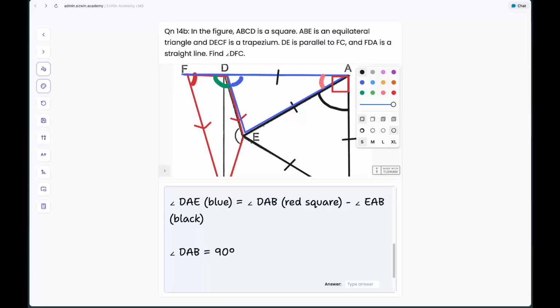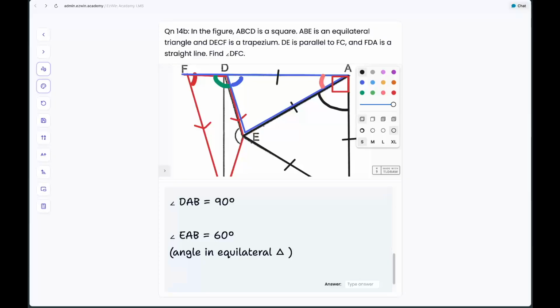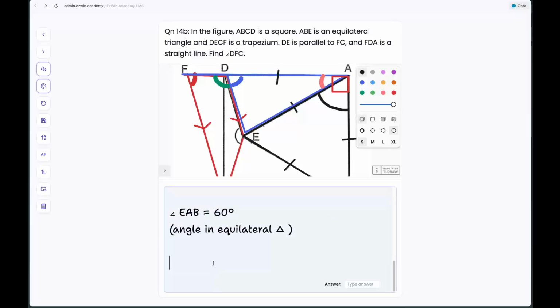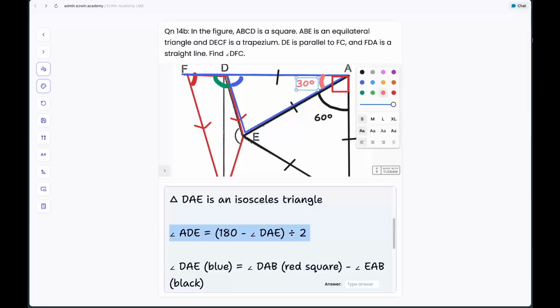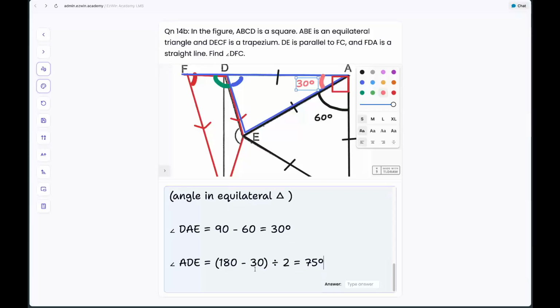And EAB is 60 degrees because it is an angle in an equilateral triangle. So angle DAE is equal to 90 minus 60, which gives us 30 degrees. Since this is 30 degrees, angle ADE would then be equal to (180 minus 30) divided by 2, which gives us 75 degrees for this blue angle.